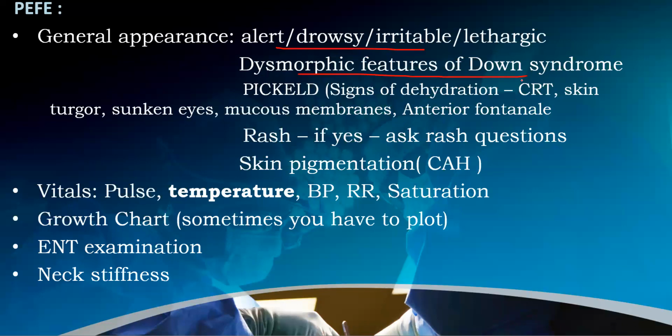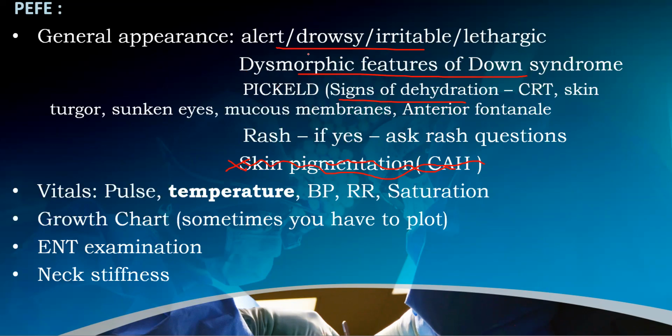Is there any dysmorphic feature of Down syndrome? Any pallor, icterus? Any sign of dehydration? Any rash on the body? Or any skin pigmentation? Now, skin pigmentation relates to congenital adrenal hyperplasia, which is usually not very important for the exam, so don't bother with this too much. But in the general appearance, this will come in handy.